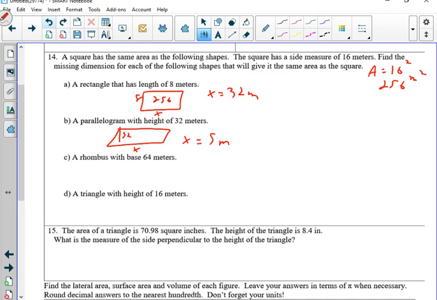Rhombus with a base of 64 meters. Remember, a rhombus has all 4 equal sides.